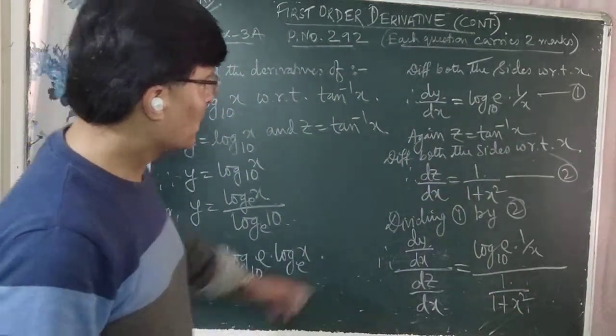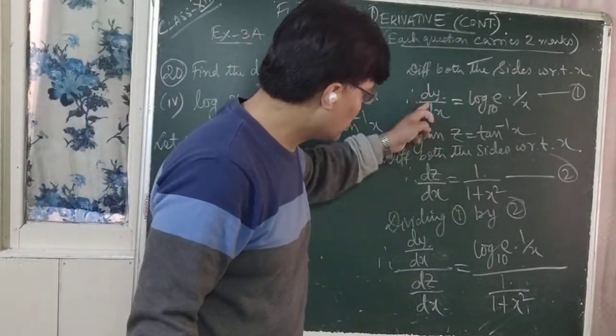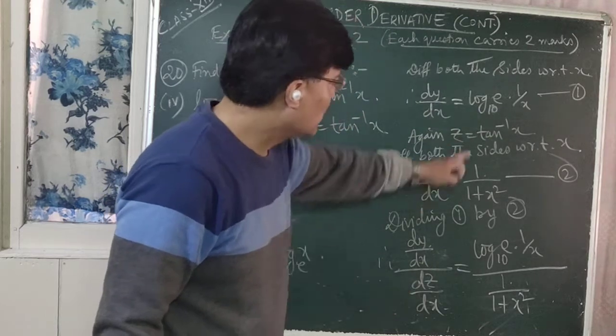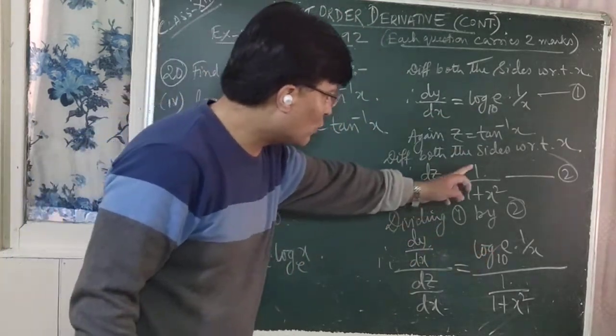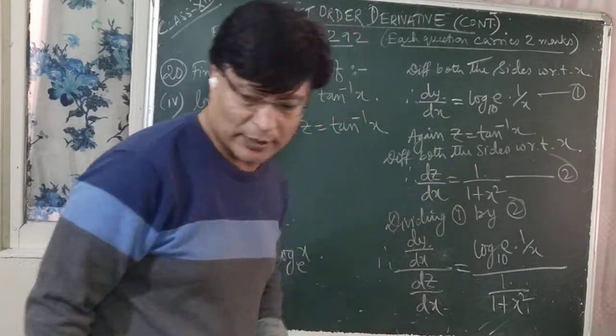Is it clear now? This is 1 divided by 2. You have to calculate dy by dz.